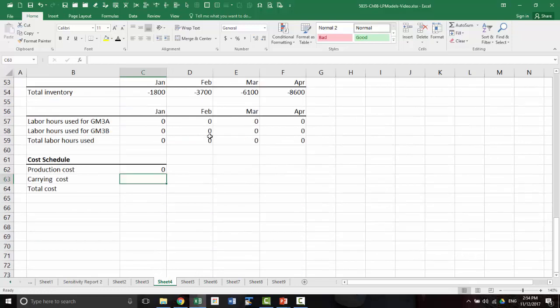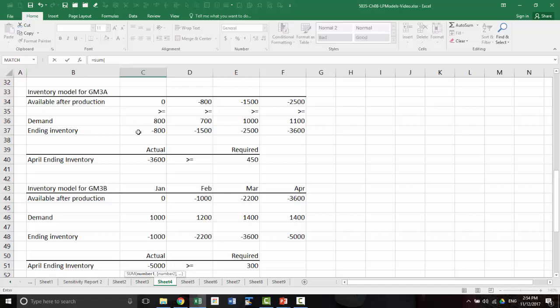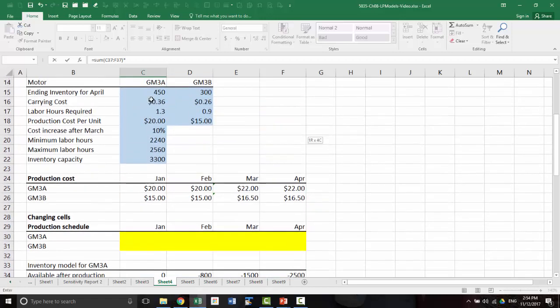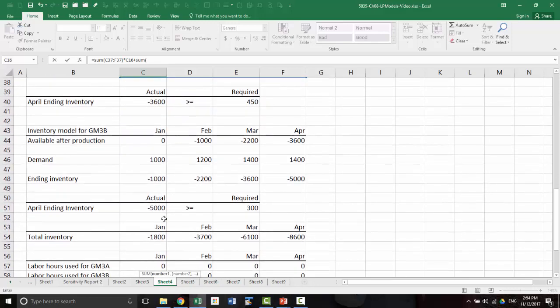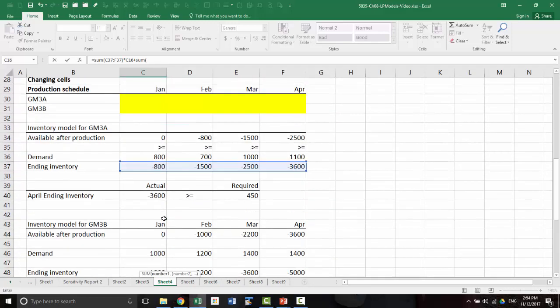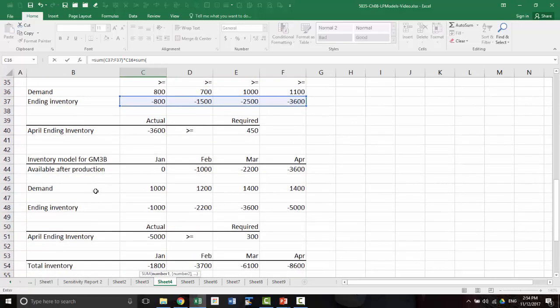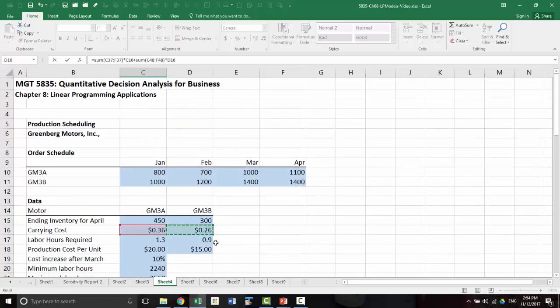So this will be the sum of the ending inventory of GM3A, which is that, times that one, plus the sum of the ending inventory of GM3B, and that's here, times that.